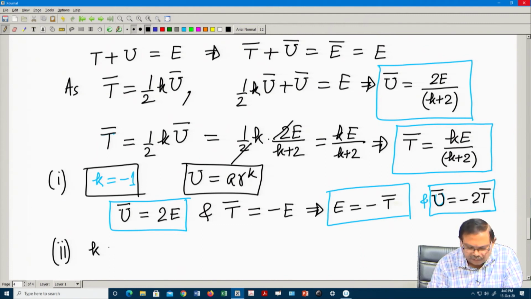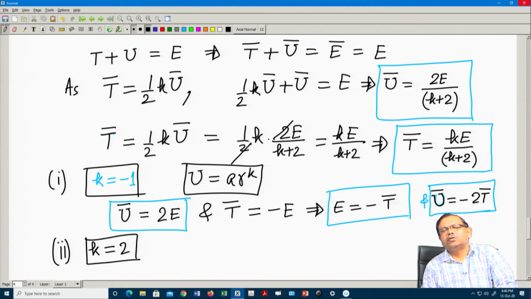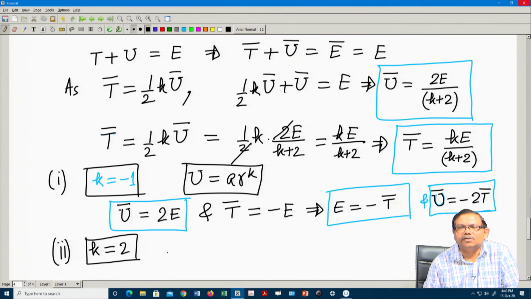The other case could be k equal to 2, like simple harmonic motion. In simple harmonic motion, potential energy is half k x squared. If it is a 3 dimensional harmonic oscillator, then it would be half k r squared. So k is 2.